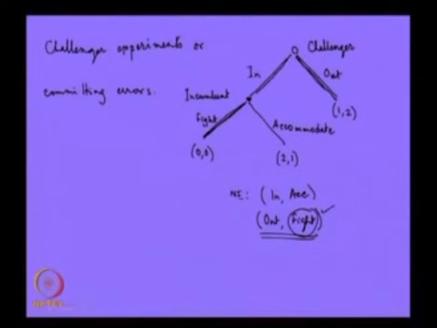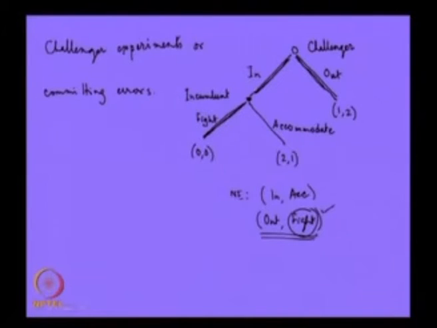Because remember, what does this fight mean? Fight means that the incumbent is saying that if the history is in, then I will fight. Now, the challenger is doing some experiments or making errors and choosing in, and he is observing that the incumbent is fighting with him. So, therefore, this out and fight could be justified.